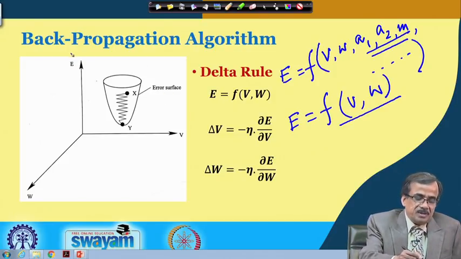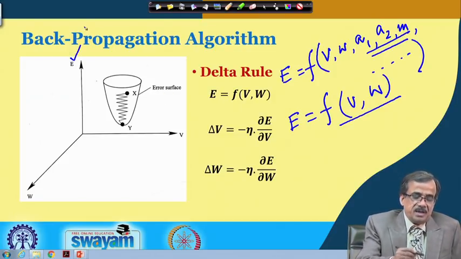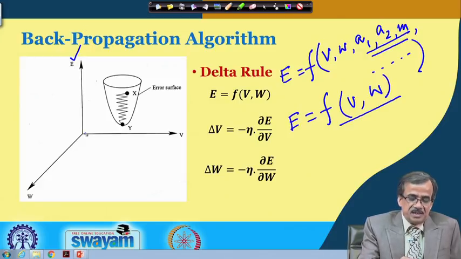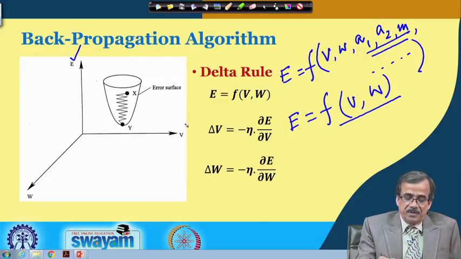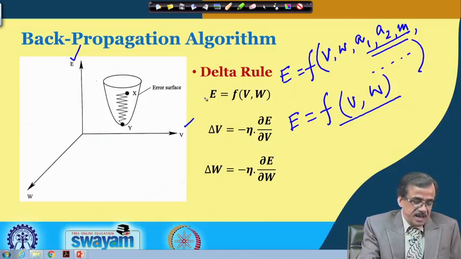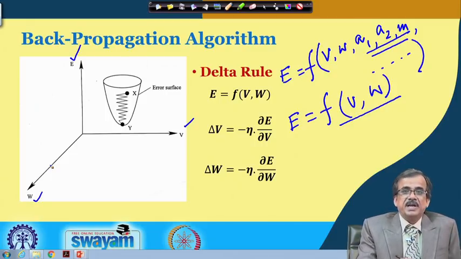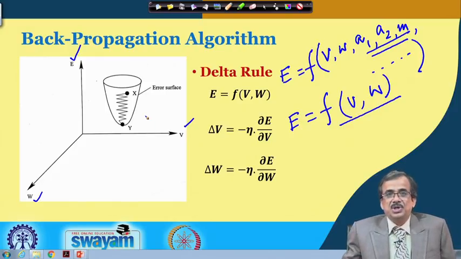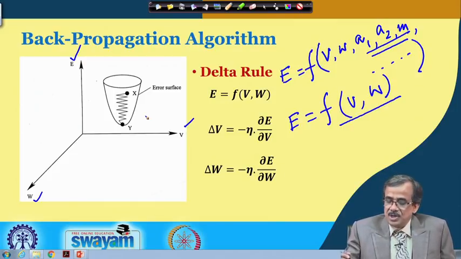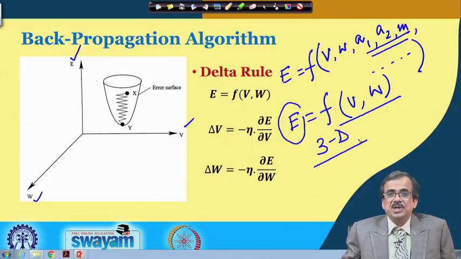Now, if I plot this error along the z direction, the connecting weight V along the x direction, and the connecting weight W along the y direction, I will be getting this particular error surface in 3D. We know that human beings can visualize only up to 3 dimensions, and that is why we have considered that this error is a function of only two variables, so that we can plot this error surface in 3D.